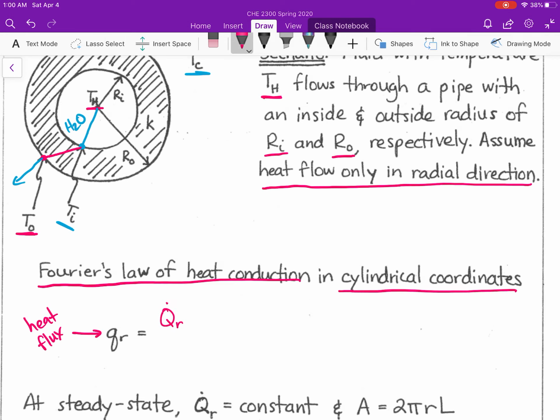The heat flux is equal to the heat flow in the radial direction divided by the area through which that heat transfer occurs. All of that is equal to the negative of the thermal conductivity of the material multiplied by the temperature gradient. Again, because we are in cylindrical coordinates, we have dT dr. We are only worried about heat transfer in the radial direction.